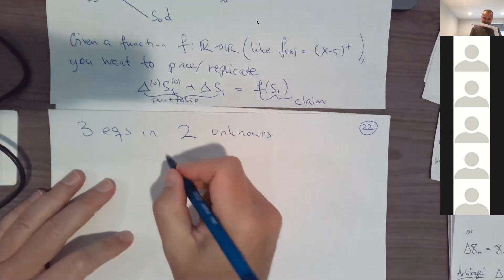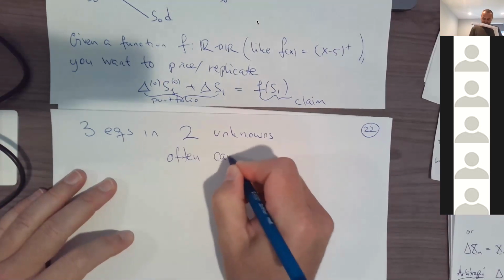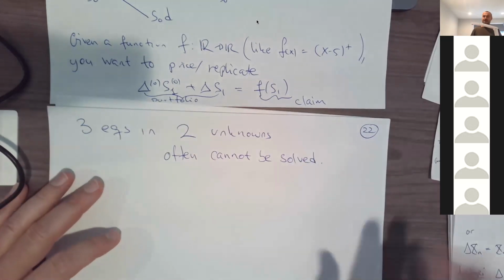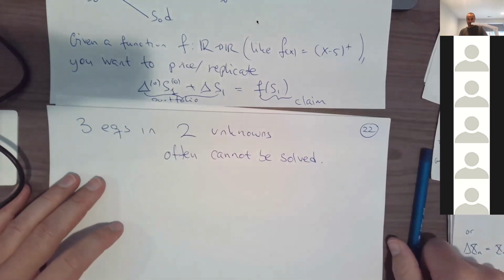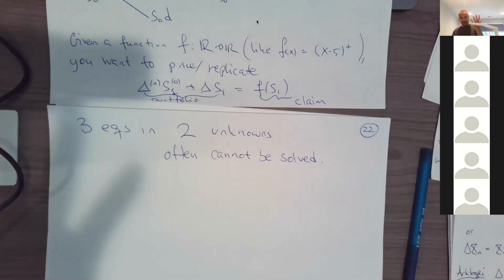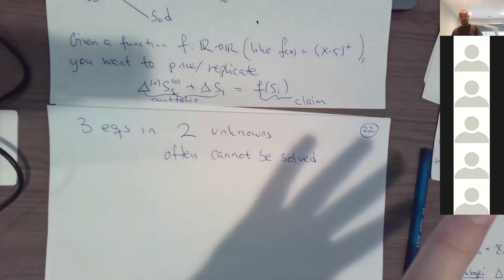They often cannot be solved. There are too many equations for the number of unknowns that we have. It is unlikely to have infinitely many solutions. If I only had 1 equation in 2 unknowns, I would likely have infinitely many solutions. But here I have too many equations compared to the unknowns.